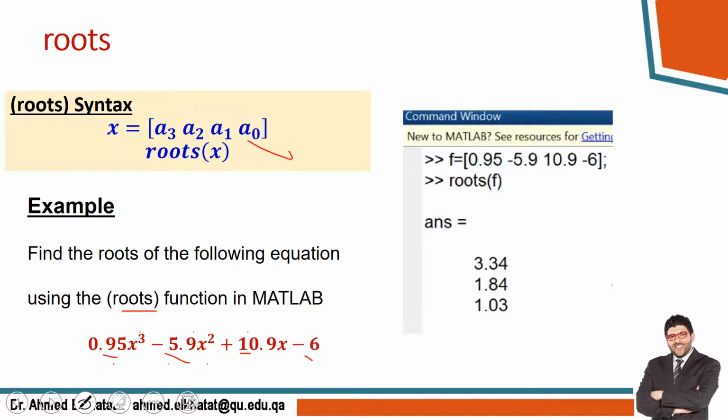For a term that is not there, the coefficient will be 0. For example, if you have 0.95 and you don't have this one, and you have this one and you don't have this one, then f will be 0.59, then 0, then 9.8, then 0, then roots f.